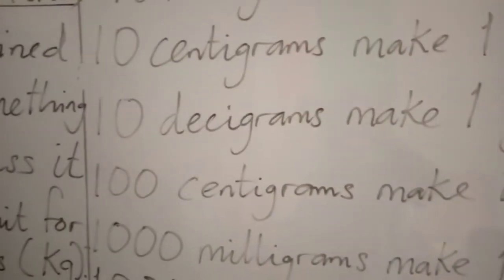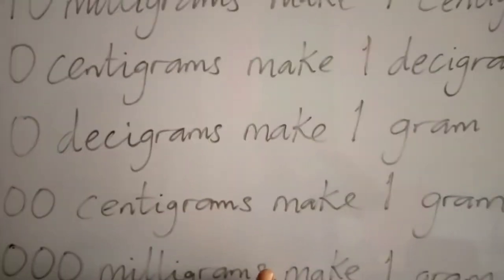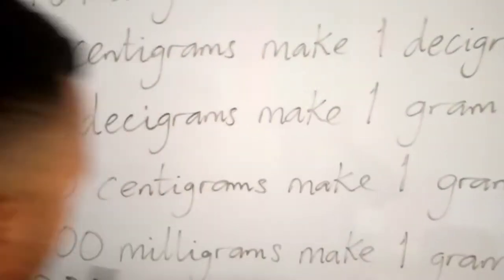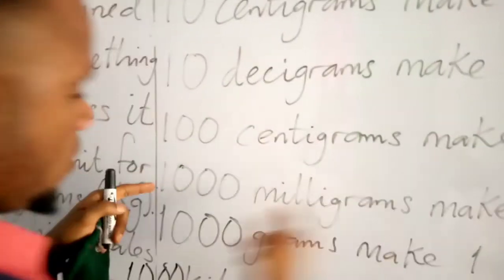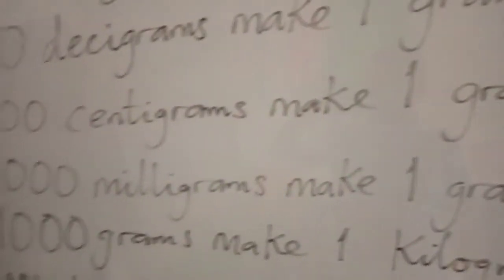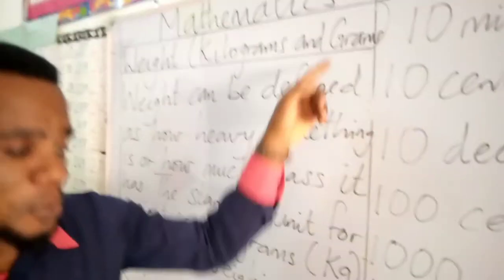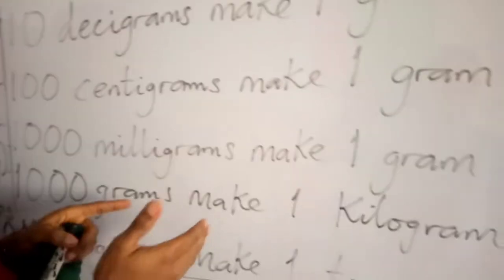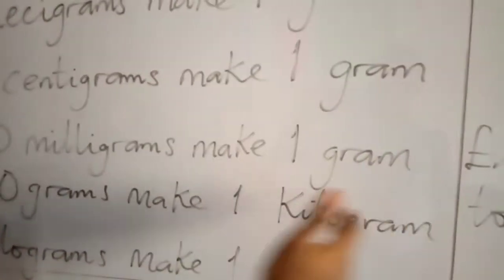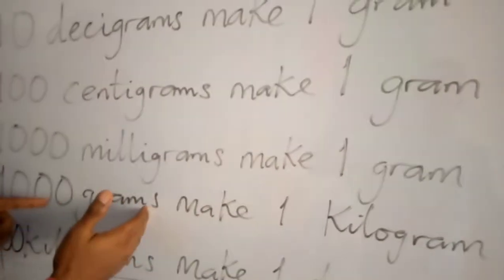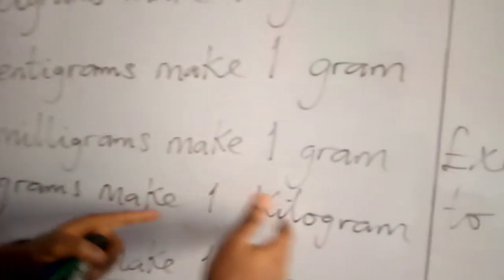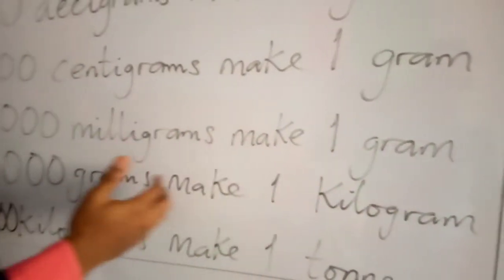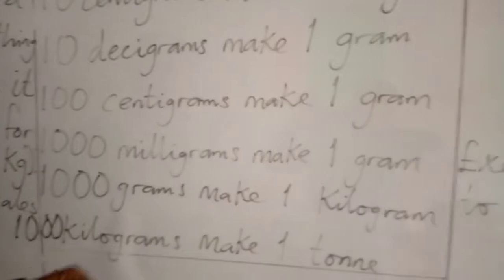If you're asked for the relationship between milligrams and gram, you pick this out: 1000 milligrams make 1 gram. Remember, we are looking at kilogram and gram, so we'll be concentrating on 1000 grams make 1 kilogram. We'll be using this to work our exercises.